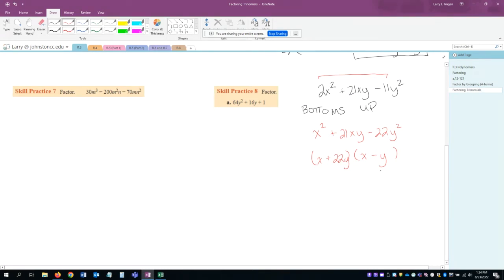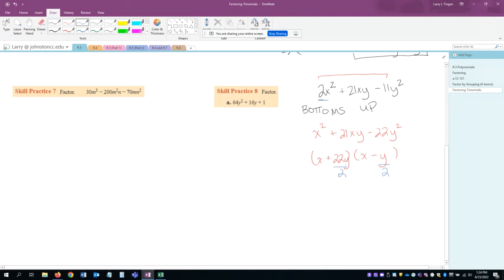Okay. Now here's the catch. Remember that we multiplied A and C together. So now I have to undo that step. Whatever I found to be the two multiplying factors, I now divide them by whatever A was to start with.